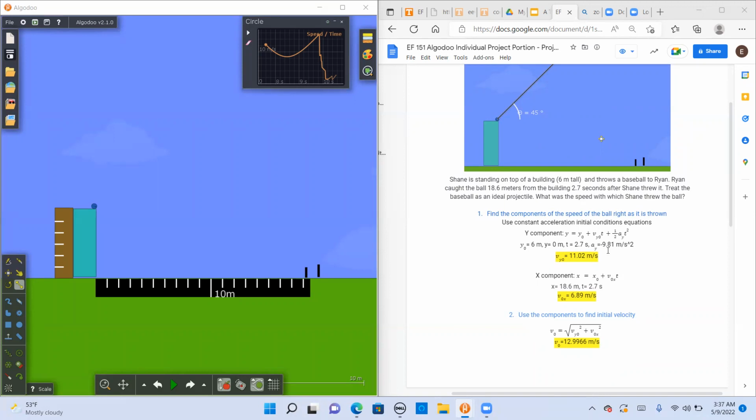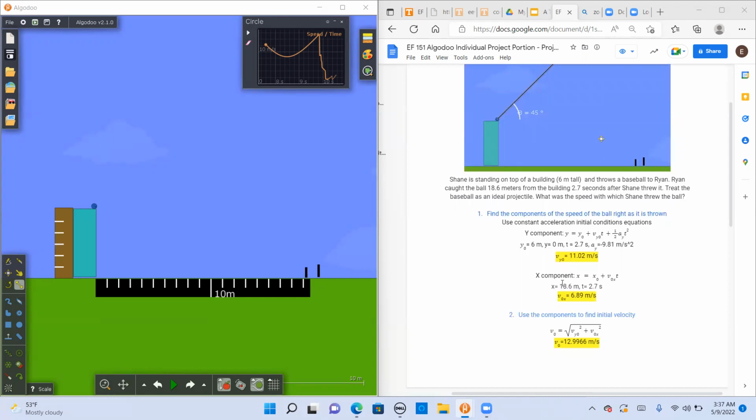times time squared. And then the x component equation, which is the final x position equaling the initial x position plus the time times the initial velocity of the x component.